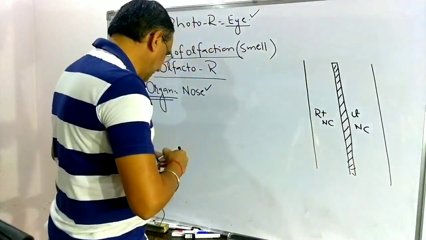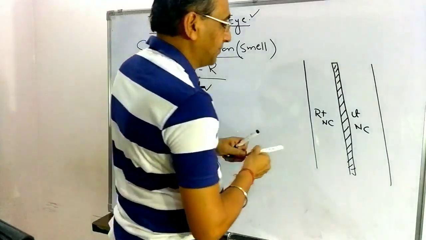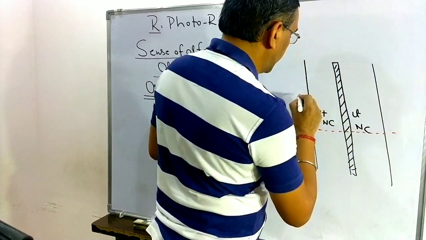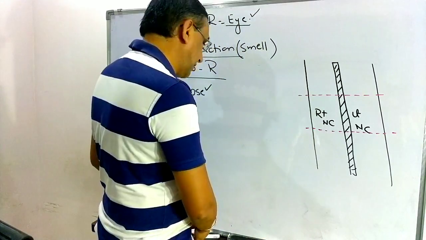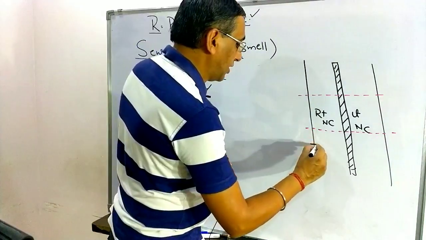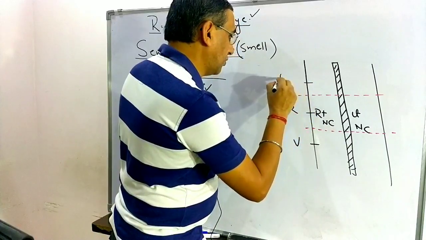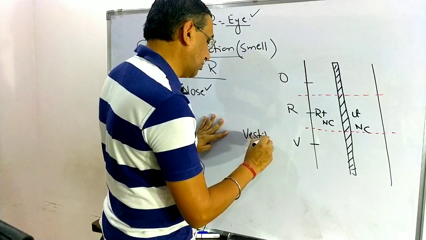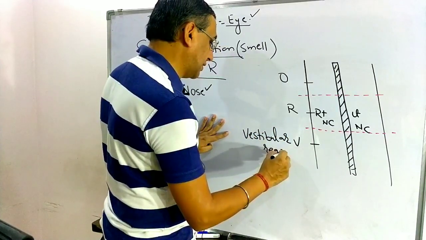Imaginarily, the nasal cavity is divided into three parts. You have to remember it like VRO. First is the vestibular region.